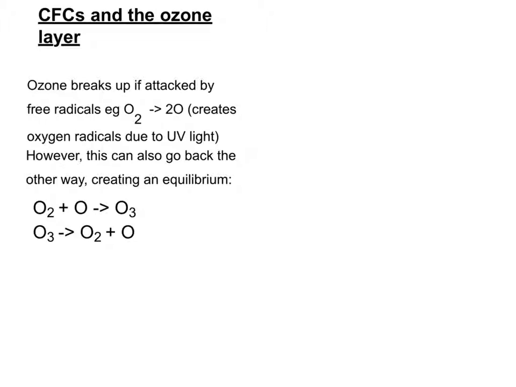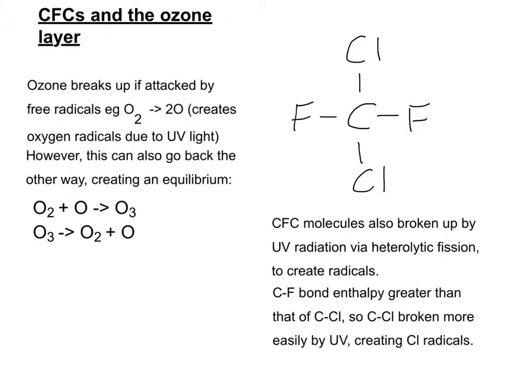So the problem is, if you get chlorofluorocarbons, for example, let's have a look at one. So we could have something like dichlorodifluoromethane. That would be an example of a CFC. What happens is these are also affected by ultraviolet radiation. Under the influence of UV light, the carbon-chlorine bonds are more preferentially broken.